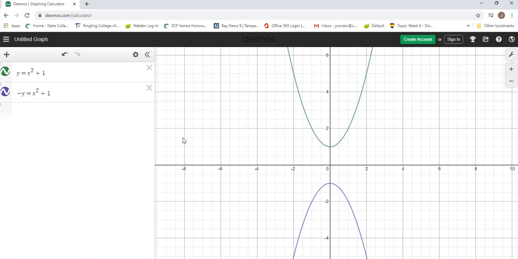We could actually switch these around. Let's do some new functions here. I'm going to paste that again in those. So what I'm going to do is switch around in these the x and y variables.